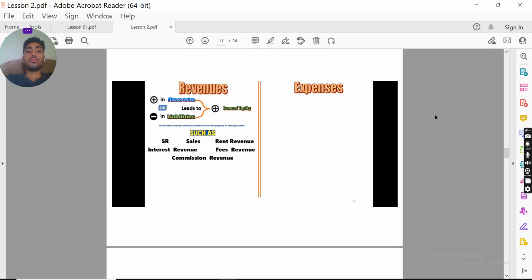So let's start with revenues and expenses and how the change in both can affect the financial statements. For revenues, if revenues increased, that means we are making money, we are selling. So the assets will increase because we are taking money in any form.